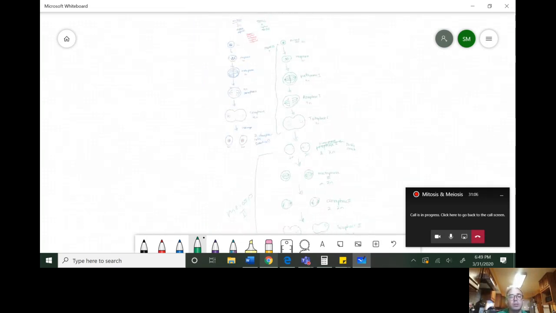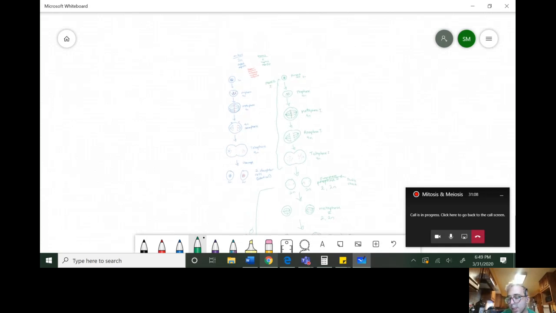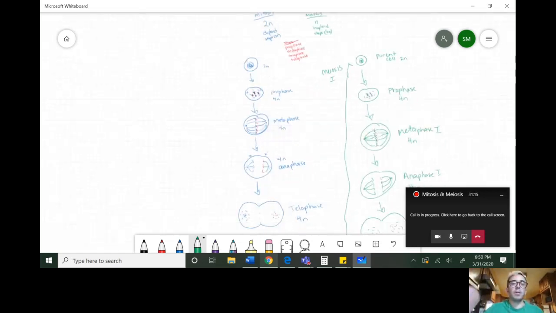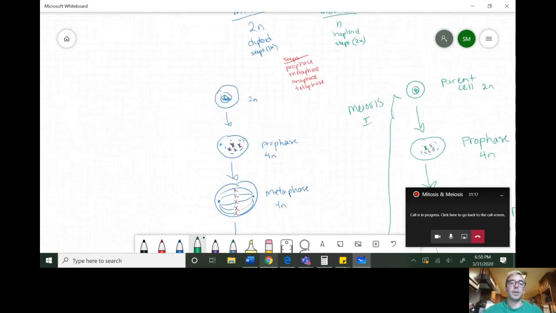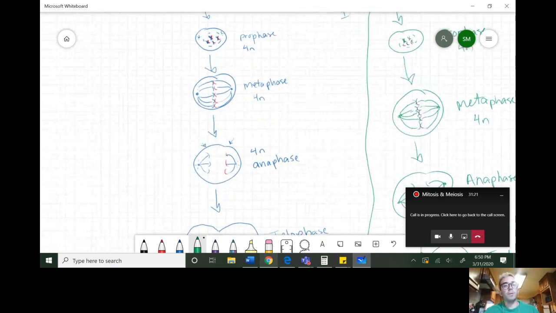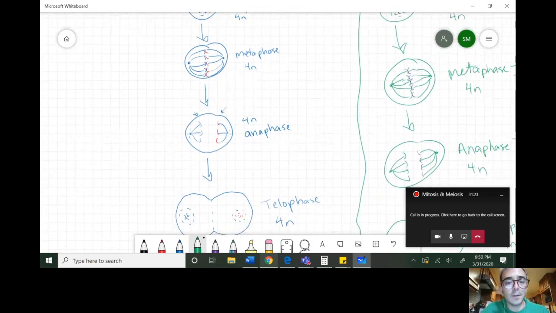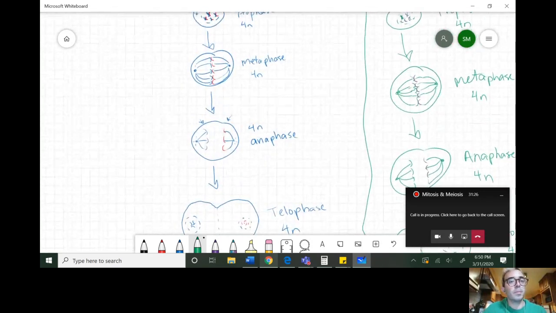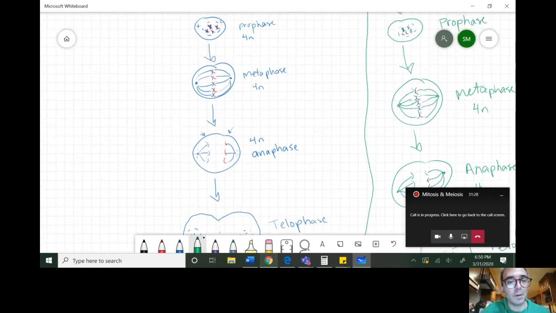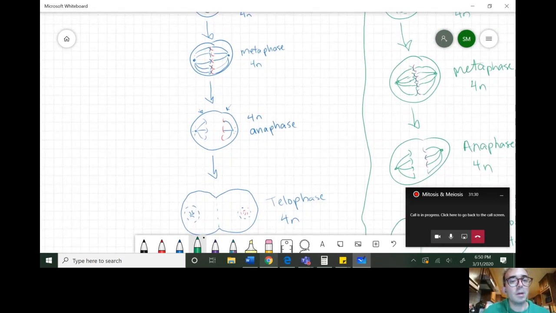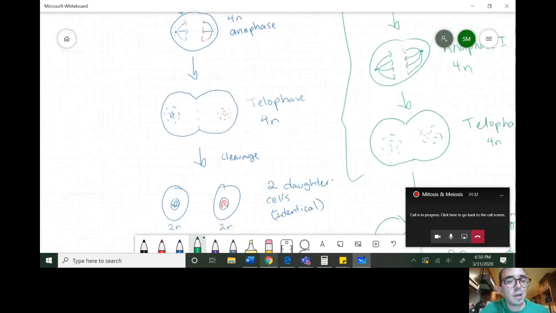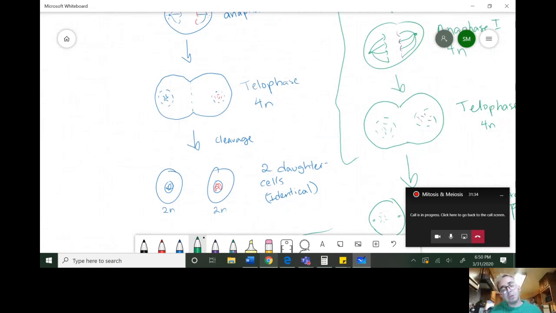But this is the general sense that we want to take away from mitosis and meiosis, is that with mitosis, we're going to have a parent cell that is diploid that will undergo prophase, metaphase, anaphase, telophase. Pro meaning before, meta, middle, ana, apart, telo, tear. We can call it that, sure.